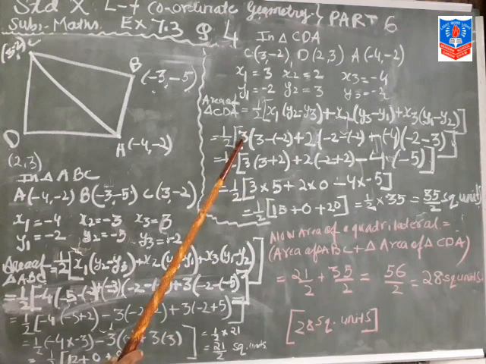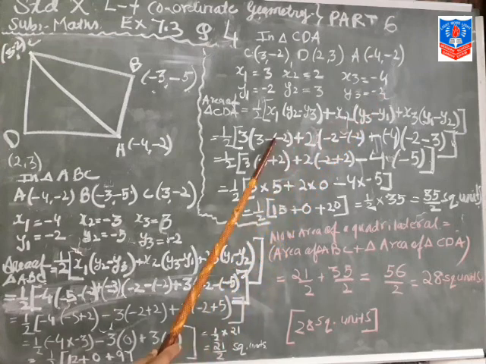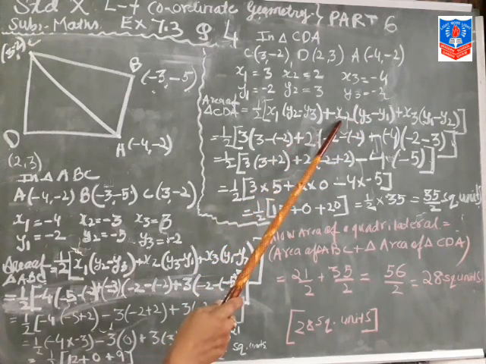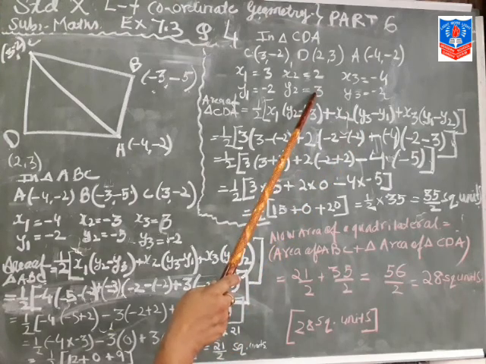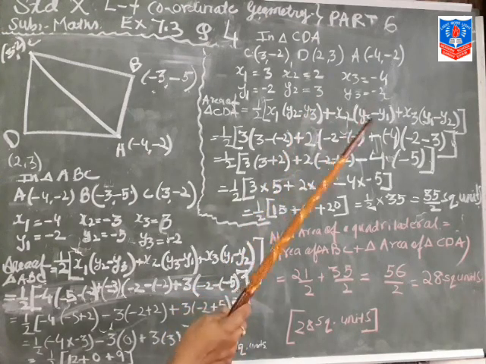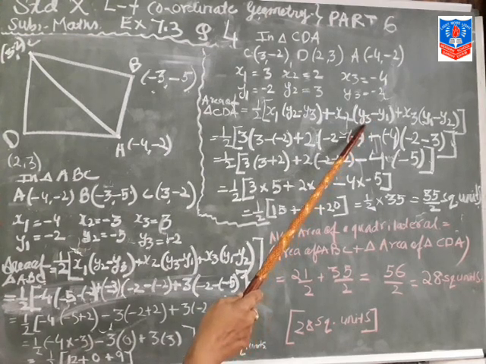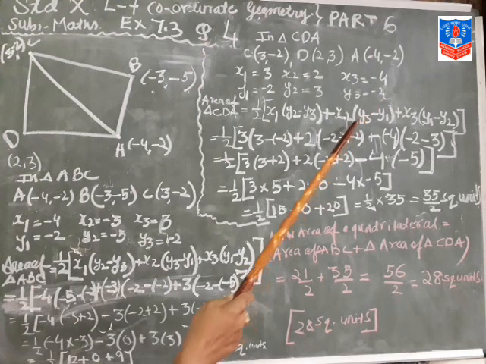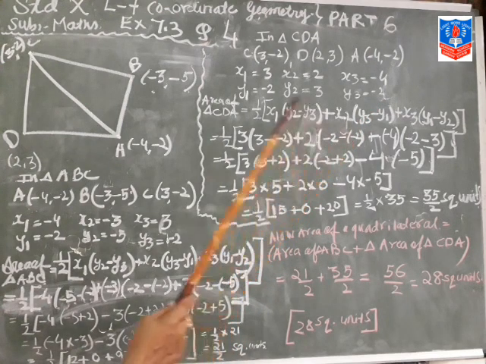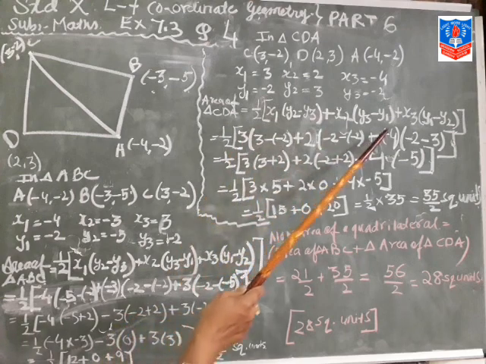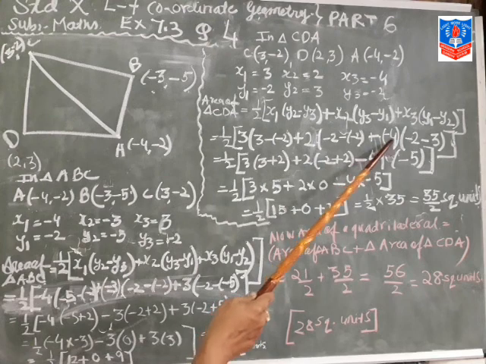Half x1 3, y2, 3 minus minus 2, minus minus 2, x2 plus 2, y3, that is given minus 2. Okay, clear? So we can write, clear children. So y3 minus 2 minus y1 minus 2 plus x3 minus 4. We are writing minus 4 inside the bracket.